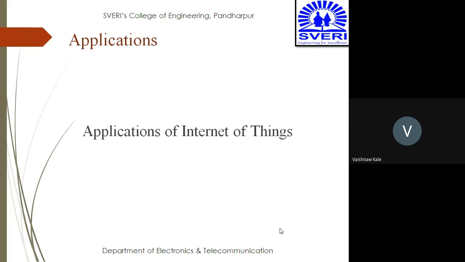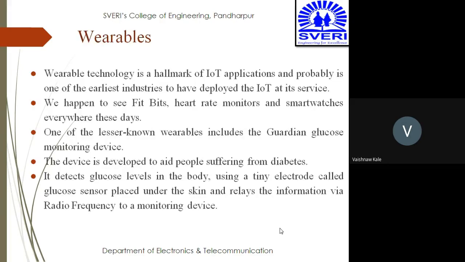Now we'll see one by one what are the applications of internet of things. The first one is wearables. So it is quite a trend going on about the wearables. There are a lot of wearables moving around, like nowadays due to the pandemic, you might be seeing there are two things.